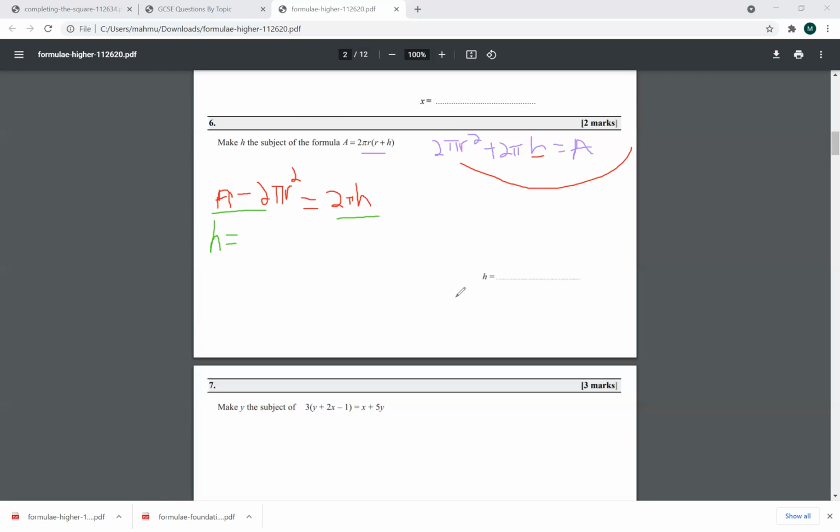You have to make h the subject. Look at what is next to h. You'll have to keep the h on its own. So this is on its own, and let's move the 2 pi. So what will you do? Don't worry about what the value is going to be. You just got 2 pi there.